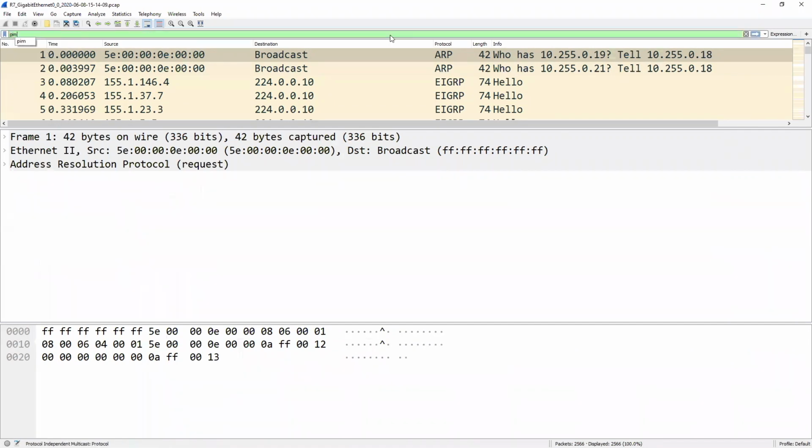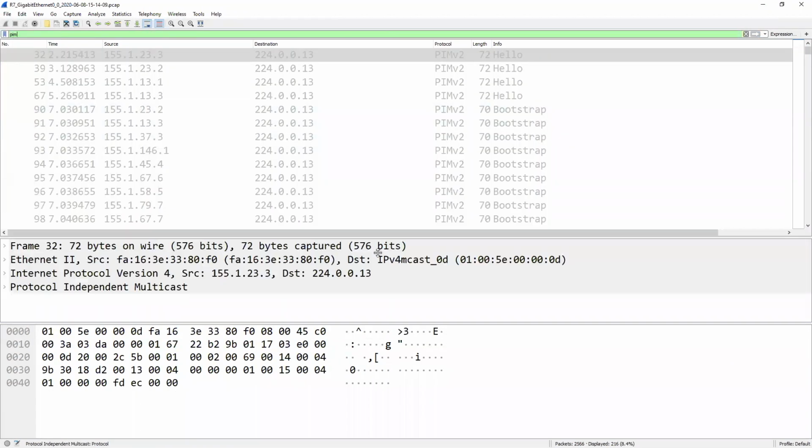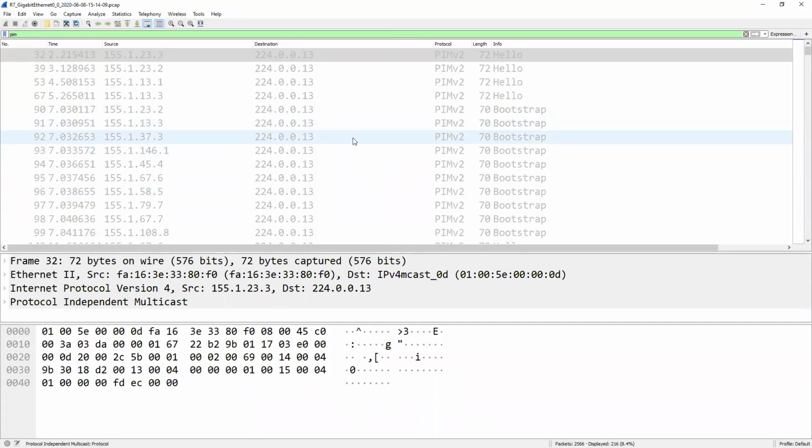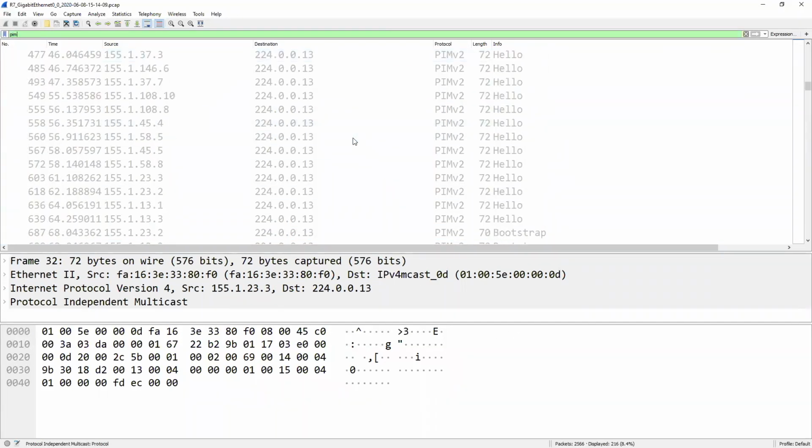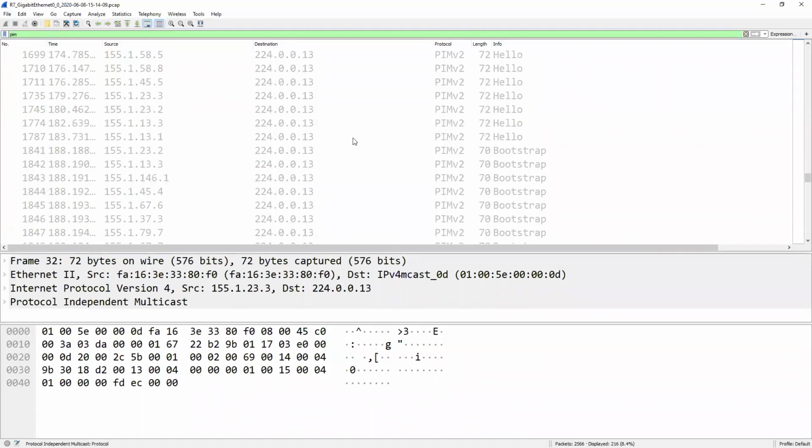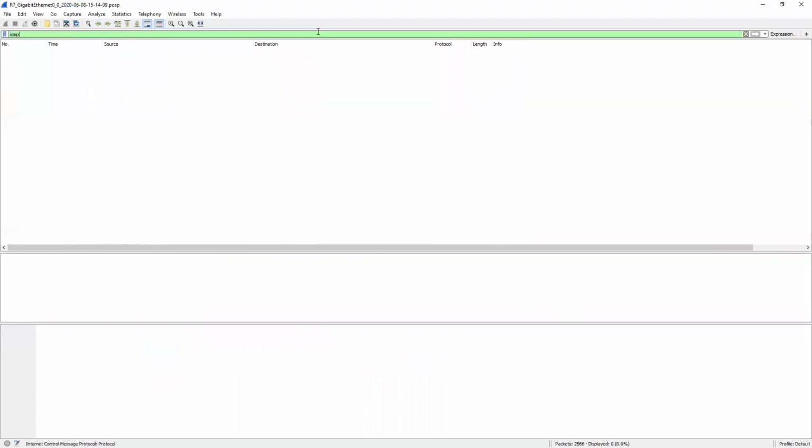Okay, let's look for PIM. And we're looking for a unicast message that's going from router 9 to the rendezvous point. Okay, it might be encoded inside the ICMP. Okay, let's try this again.